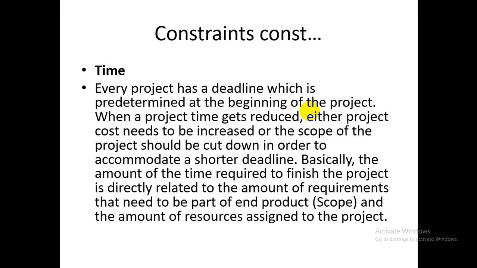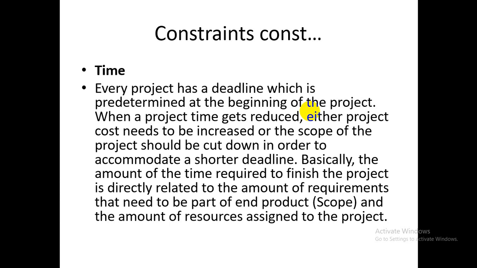Secondly, time. Here we are saying every project has a deadline which is predetermined at the beginning of the project, which means determine the time that you will take to finish the project. This will give you the chance to do other projects. But if you don't have a time limit, then you may end up doing one project in a year instead of doing maybe 5 or 6 projects within a year.